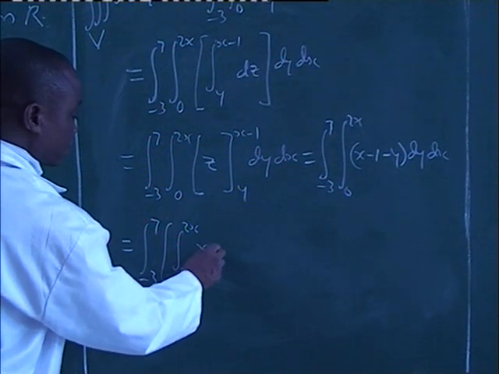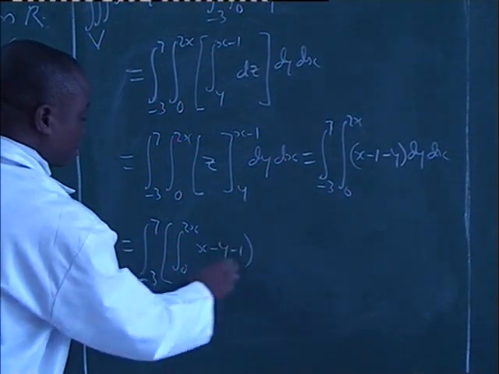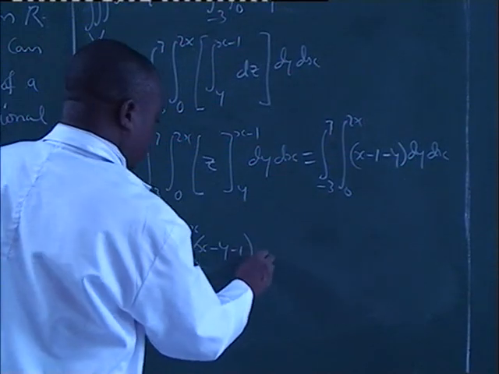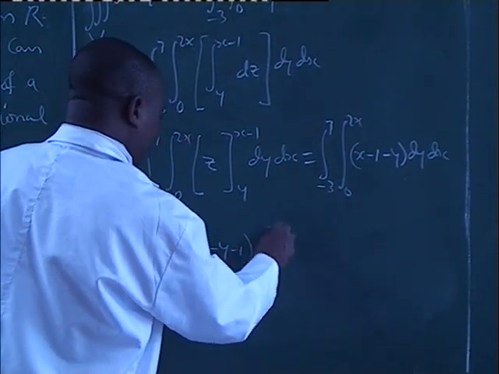So we have x minus y minus 1, to write it this way, dy. That is what we are integrating with respect to.